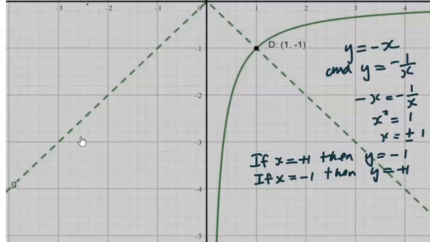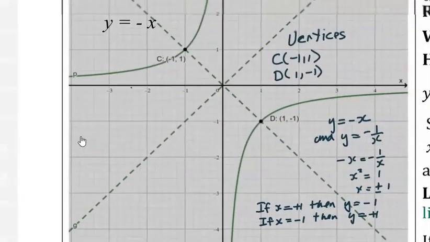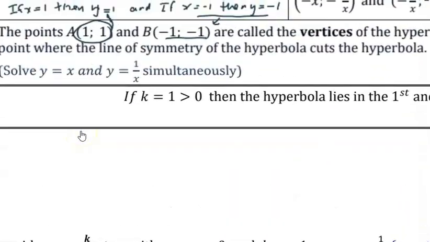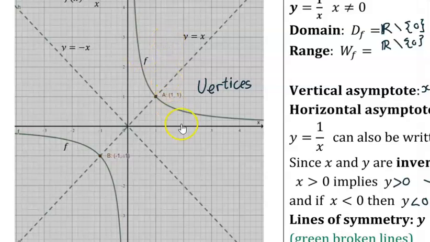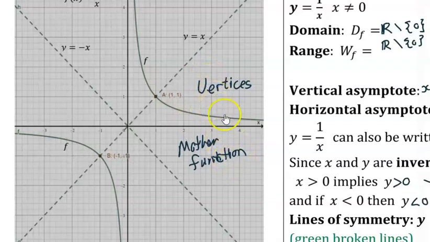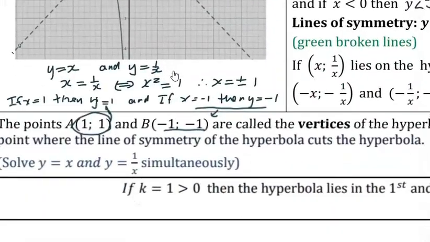And you now have to memorize these two functions. Again, I will call the one where my k is positive my mother function, and everything from there onward I will refer to either this one or to this one.